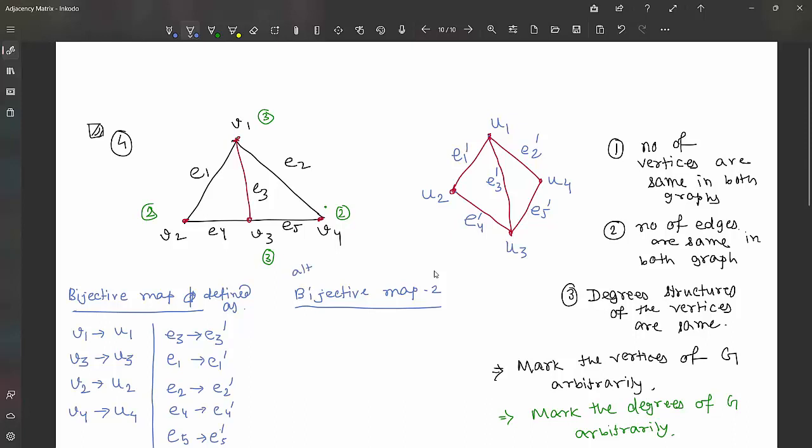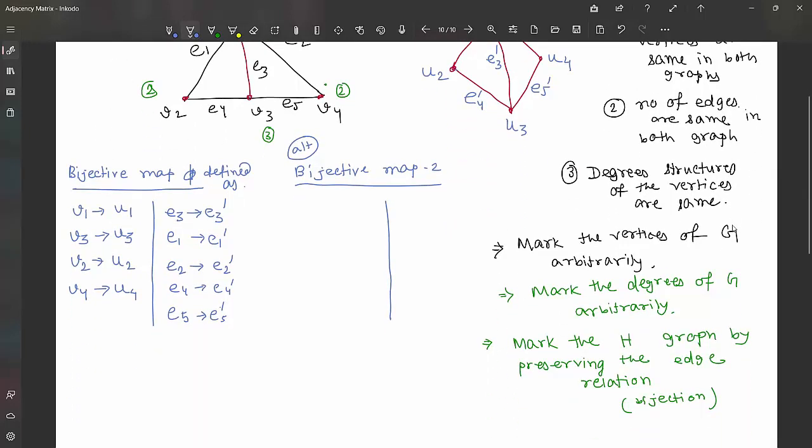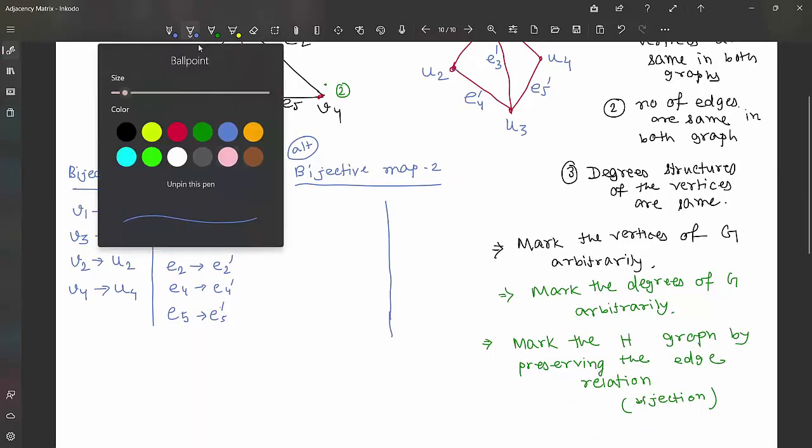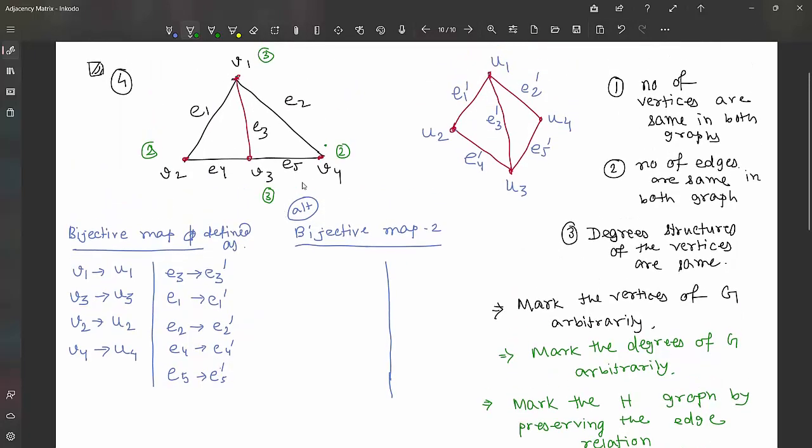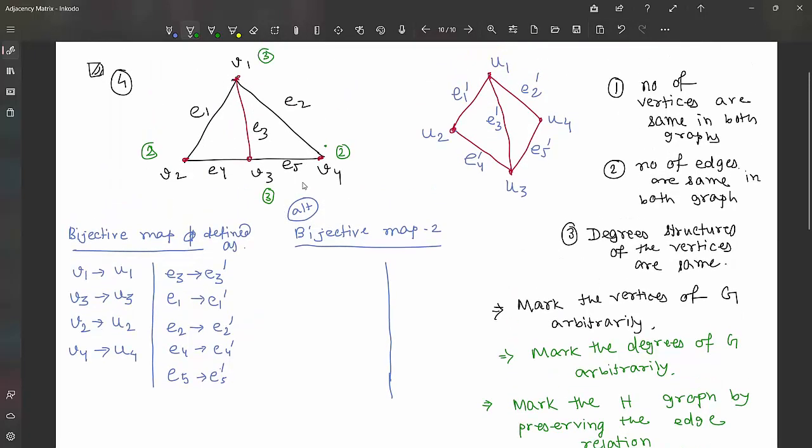You can define it in this way: let us map this V1 to this U3 and map this V3 to that U1. So V1 goes to U3 and V3 goes to U1.